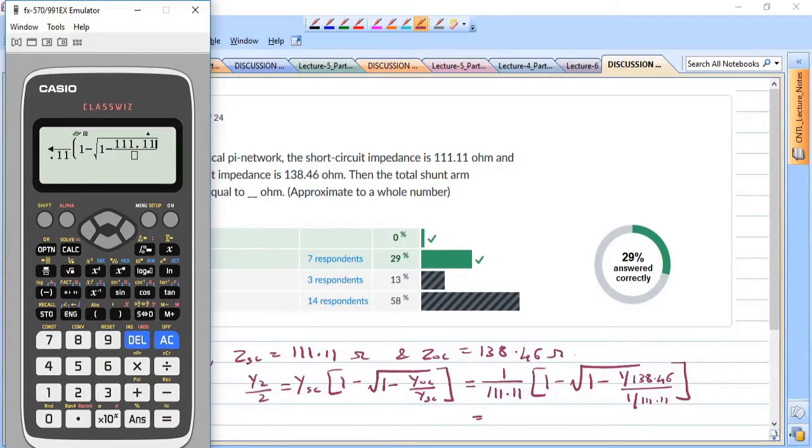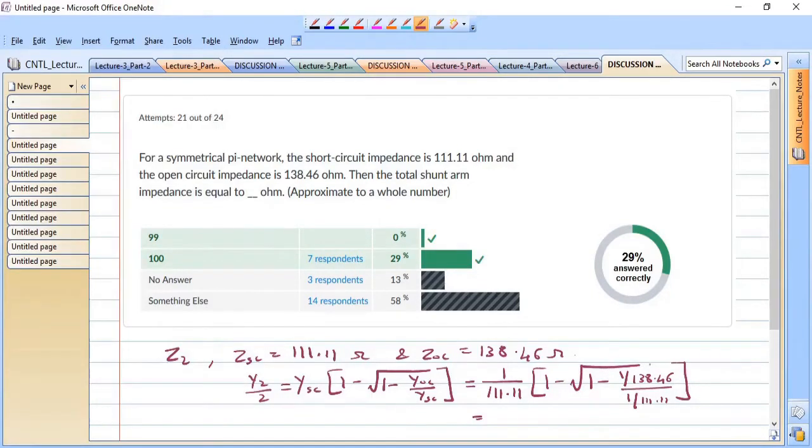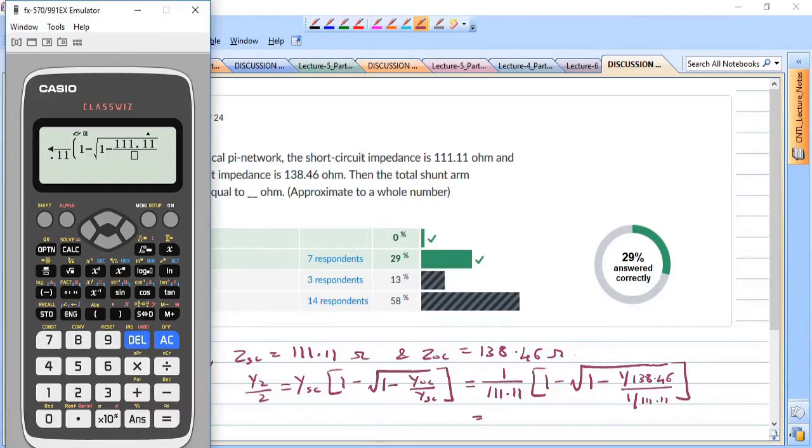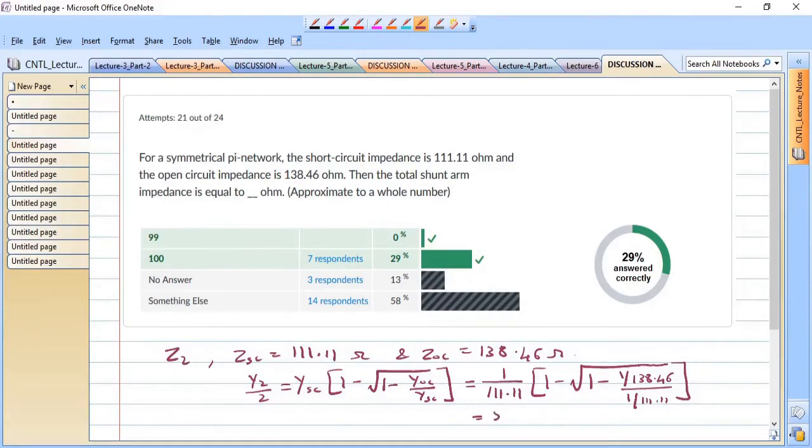Just taking this quantity to the numerator, and this will bring to the denominator. So in the denominator we have 138.46. So that is equal to 5 into 10 power minus 3 ohm inverse.